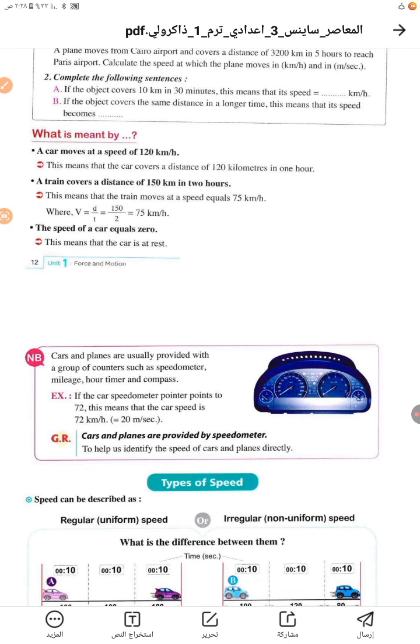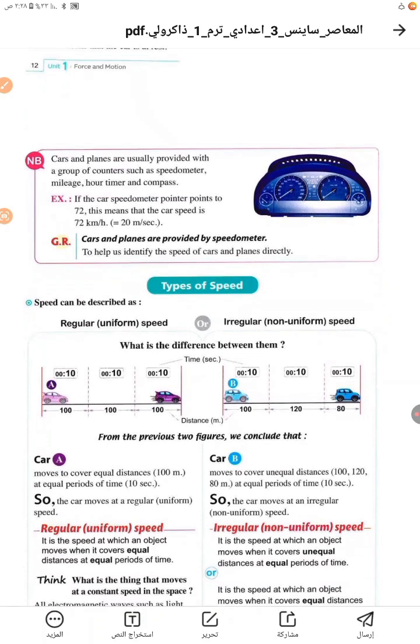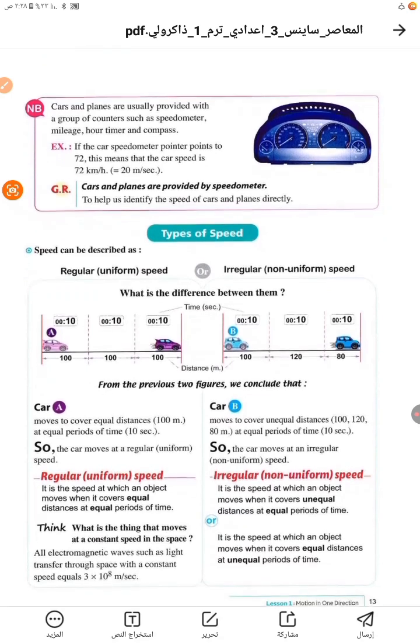This means that the car is at rest. And that is logical: if the car is at rest, its speed is zero. Cars and planes are usually provided with a group of counters such as speedometer, mileage, hour timer, and compass.